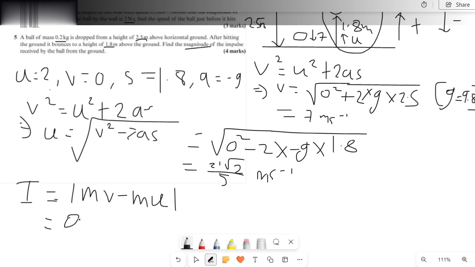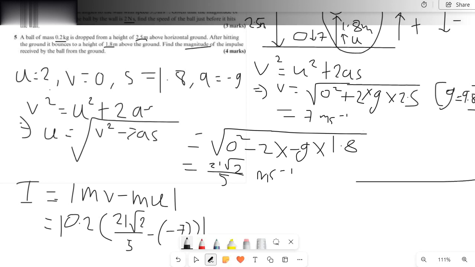So substituting, we get modulus of 0.2, that is the mass, multiplied with final velocity, which is 21 root 2 by 5 minus 7, because if you consider the dropping motion, if this is the ball and it travels initially with a velocity of 7, then it rebounds with a velocity of 21 root 2 by 5 meters per second.